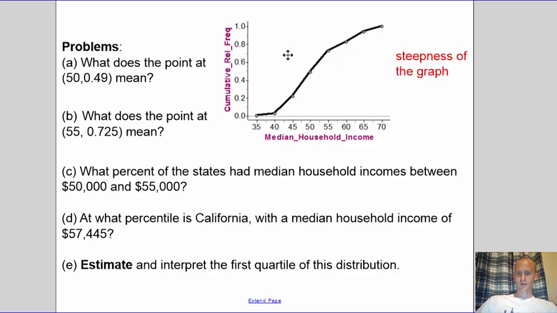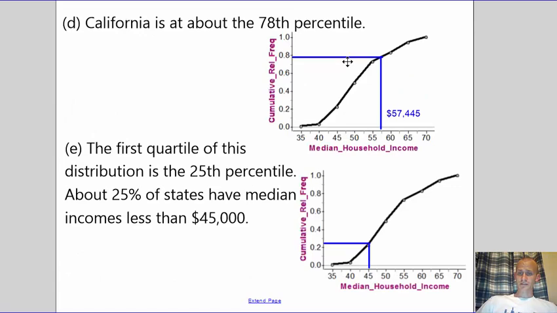Then trace over, and that's where this comes into play. I drew a couple lines there, and that definitely looks like it's a little less than 80. So let's go with the 78th percentile. If it was a little closer, I might call it 79, but we'll go with California is in the 78th percentile.